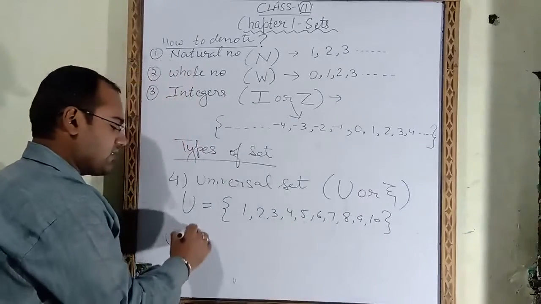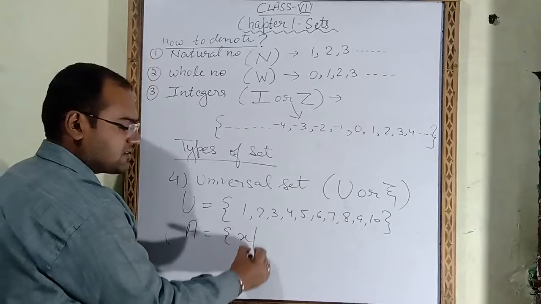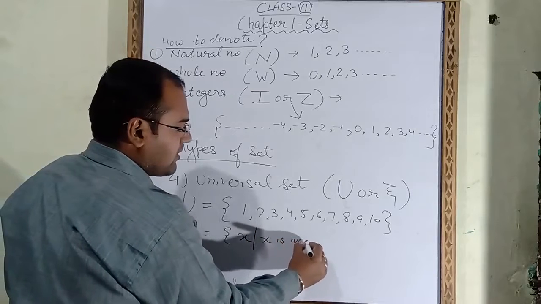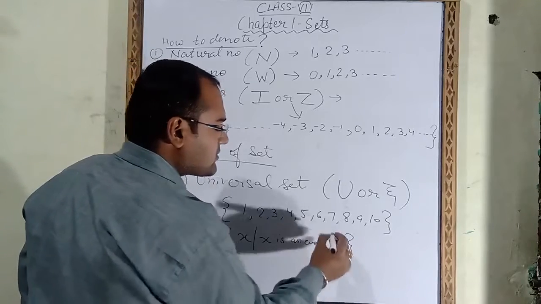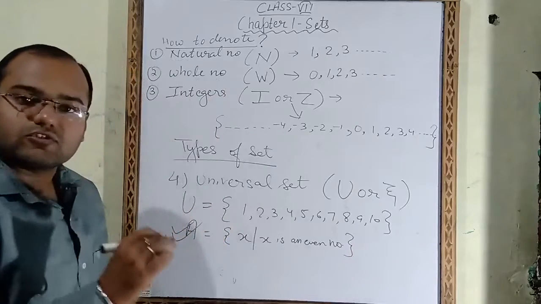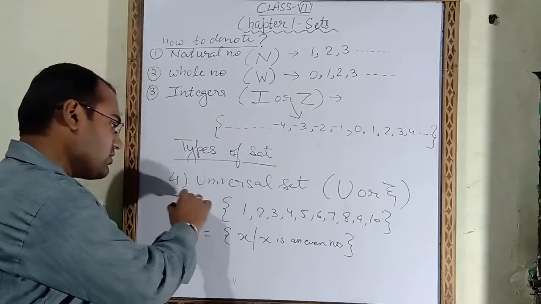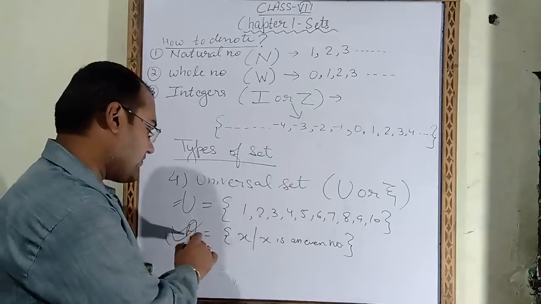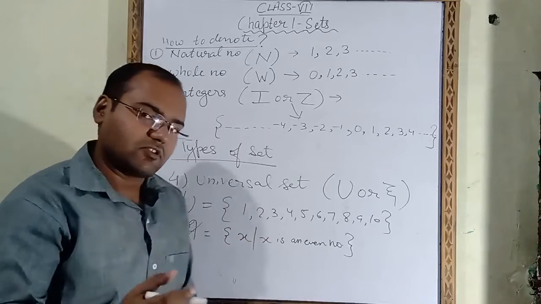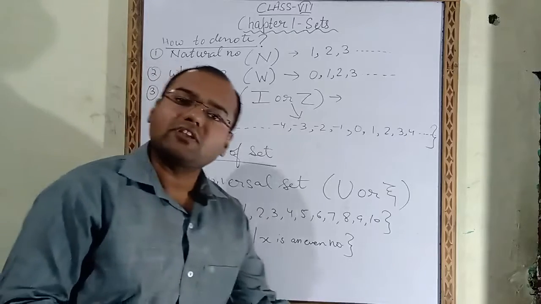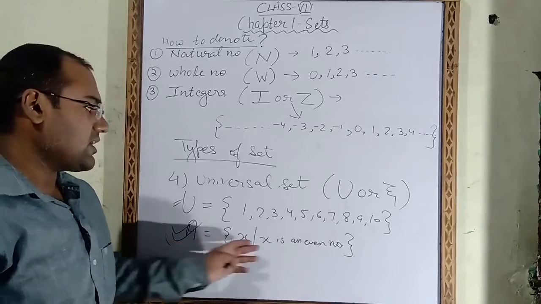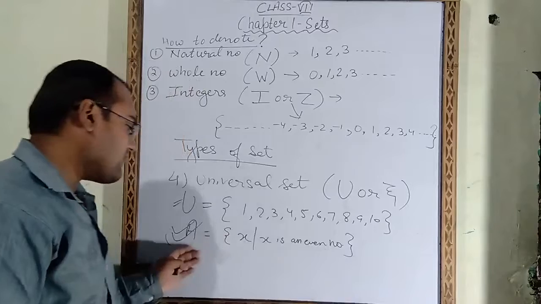And one more set I had given, set A. Set A is X such that X is an even number. To write this set A, we have to select the answer from the universal set. To write the values of set A, we have to choose all those values from the universal set. So what is a universal set? A universal set is a set from which the values must be chosen. A is a set of even numbers. In A we have to write even numbers.